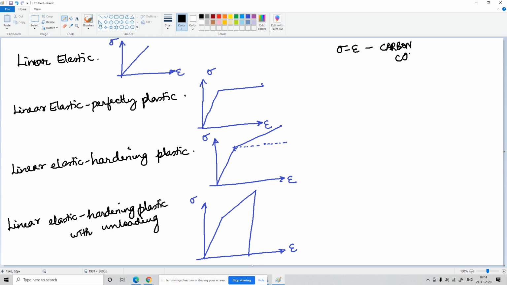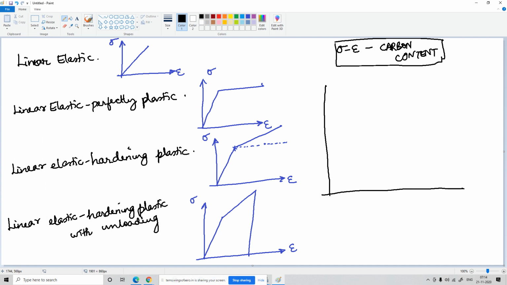Next, another important stress strain curve is for the carbon content. Based on the percentage of carbon content in a material, how the stress and strain will correlate. So this is strain, this is stress.